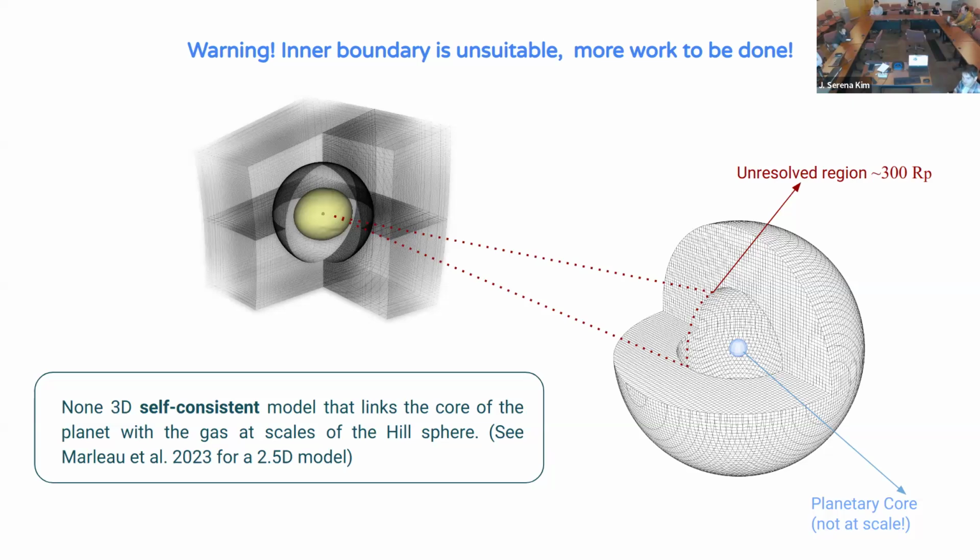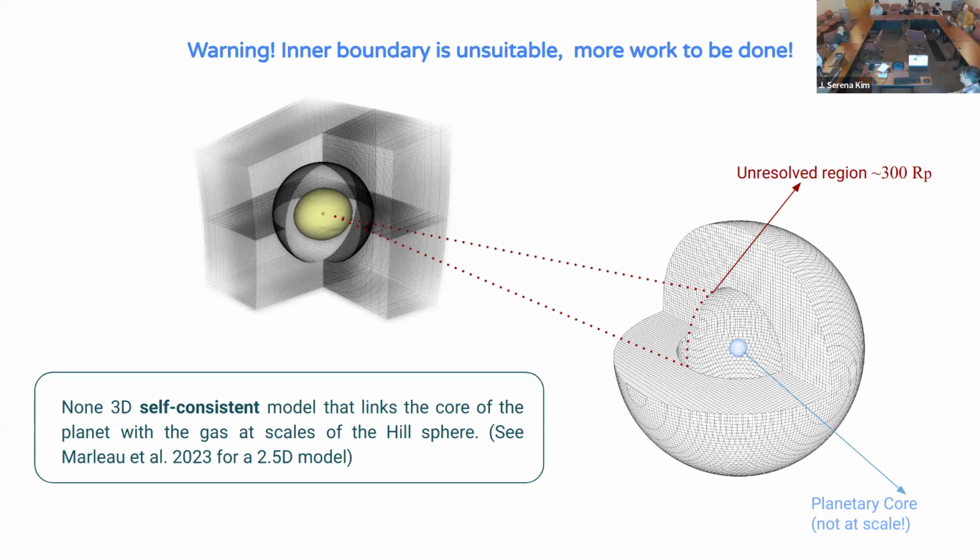You need the self-consistent link between the core and the disk. And this is challenging not only for the computational cost in 3D. There are not such simulations, I believe, that can reach that scale and take into account all the important physics that happens through all those scales in a self-consistent manner.